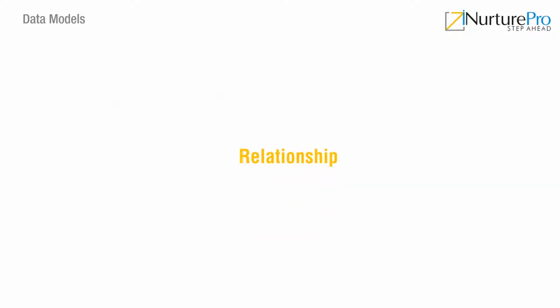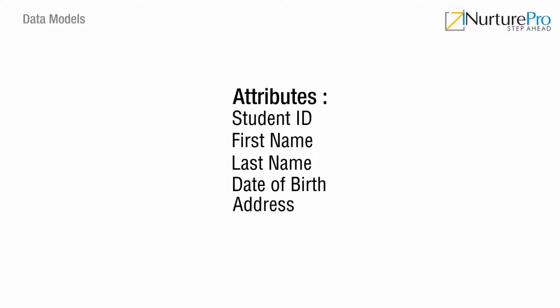Once all the entities are listed, we need to find out the relationship between them and try to map each other. Also, we have to list the attributes that relate to each entity. Like for entity student, the attributes would be student ID, first name, last name, date of birth, address, and others. Similarly, other entities have their own set of attributes.